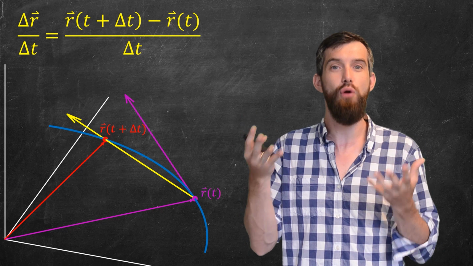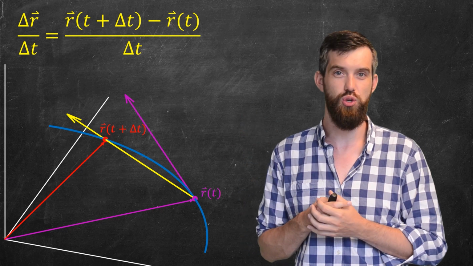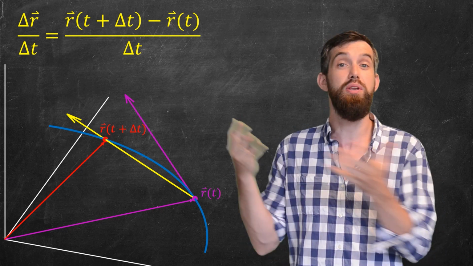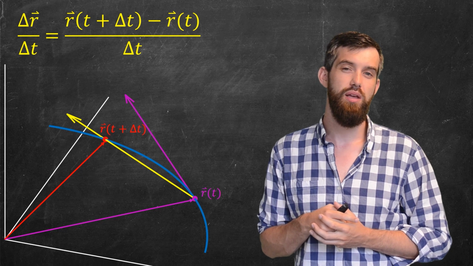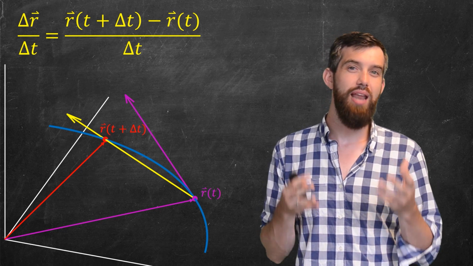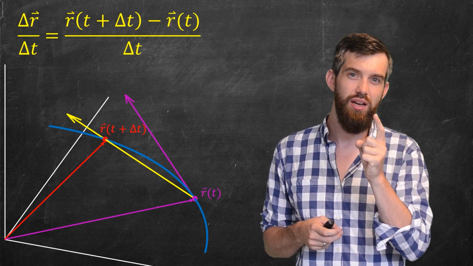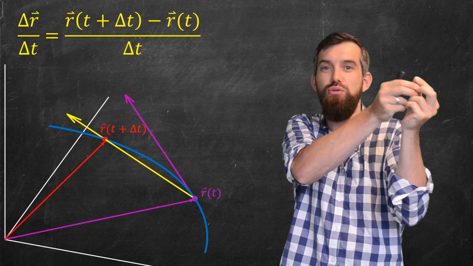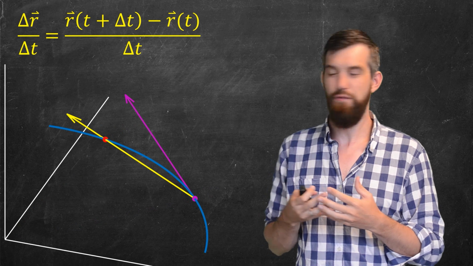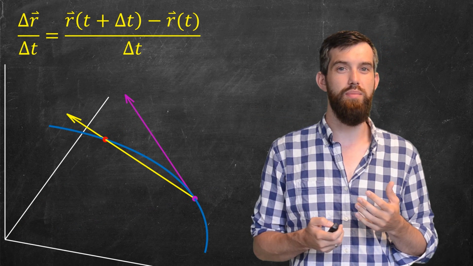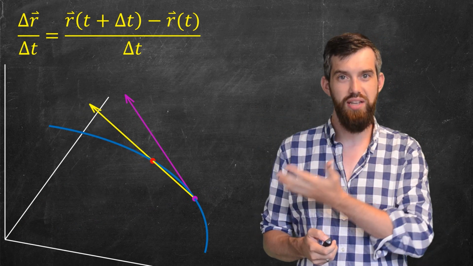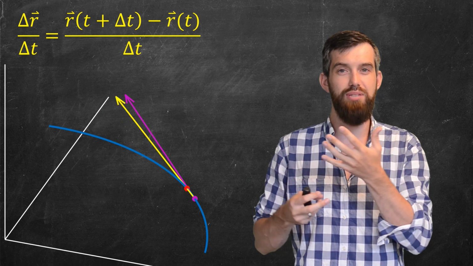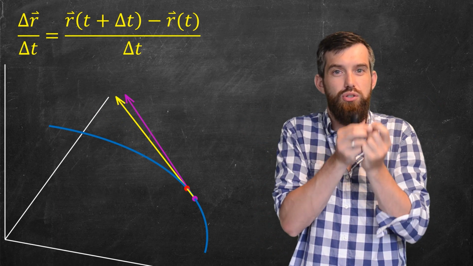We have this yellow vector that represents our difference quotient, completely analogous to what we did in single variable calculus. Okay, next step. Now let me make my delta t closer and closer to 0. That is, I want to make my 2 points closer and closer together. So if they start relatively far apart, I'll step in once, and twice, and 3 times, and 4 times, and I keep on making my 2 points closer and closer together.